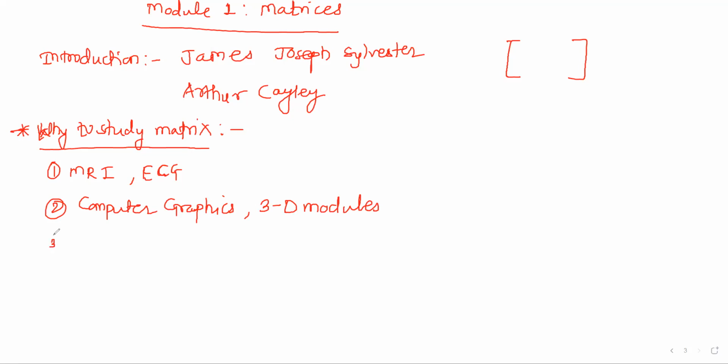Also, as a mathematician, you must be knowing cryptography or sending a secret message, right? In this also, matrix is useful. So, in cryptography also, it is used.